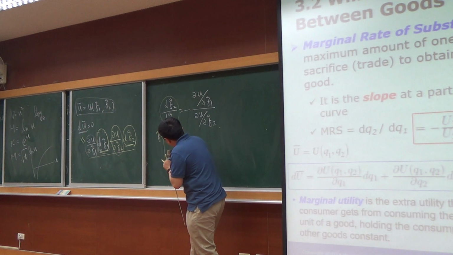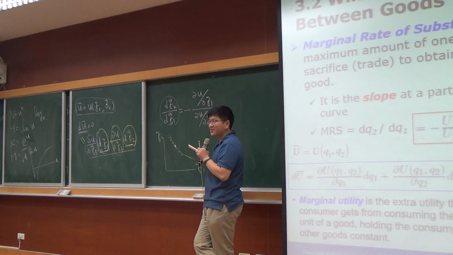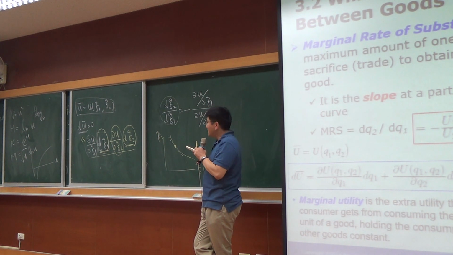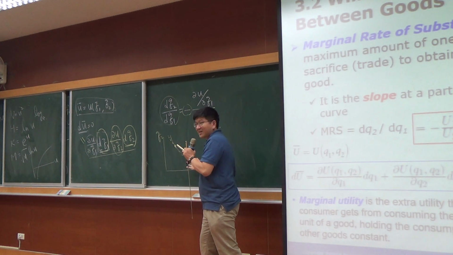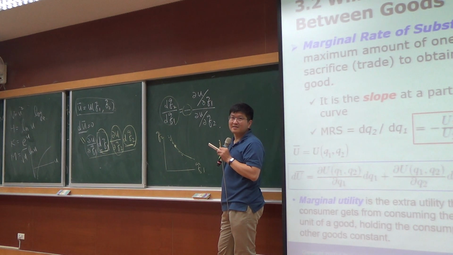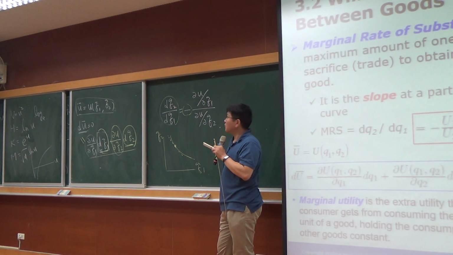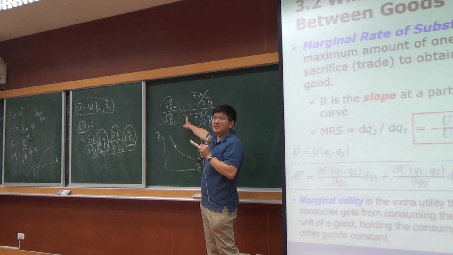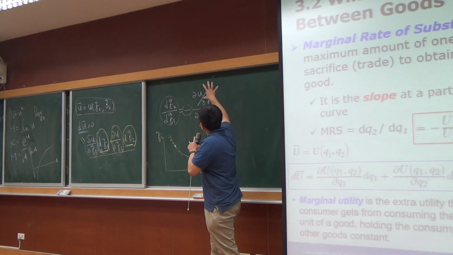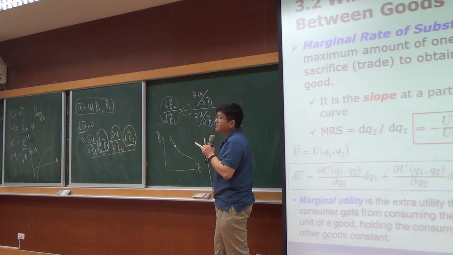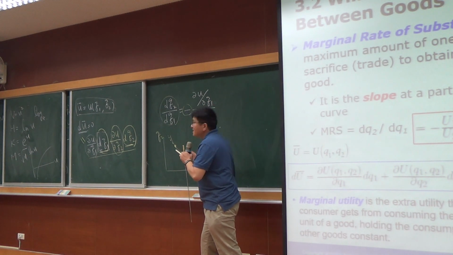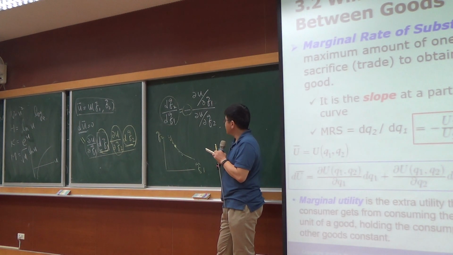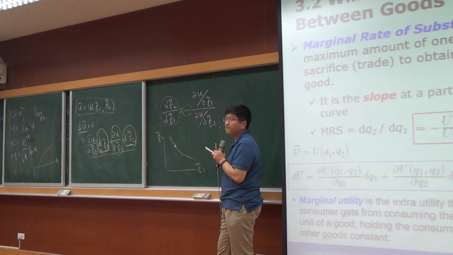For example, here, the slope of the indifference curve is a negative one. We have a minus sign here. If we have a positive term on the numerator and denominator, then it must be a negatively sloping one. A negative slope.